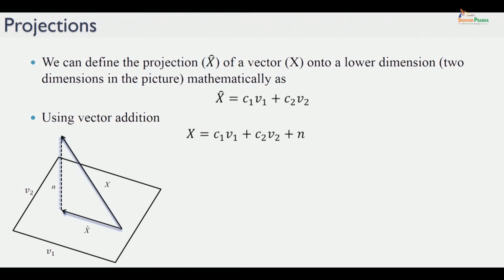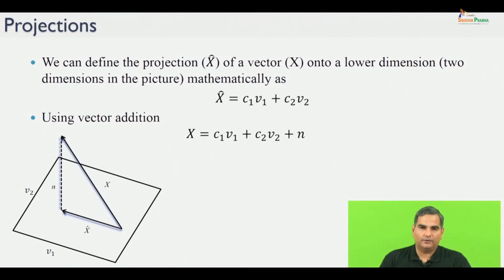Now that we have talked about what equations represent, one of the things that we are quite interested in, and you will see this again and again in data science as we teach some of the algorithms later, such as principal component analysis, is projecting vectors onto surfaces.